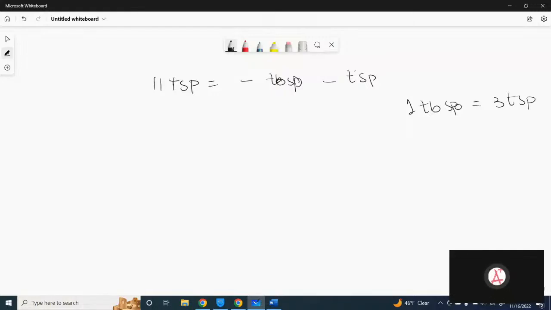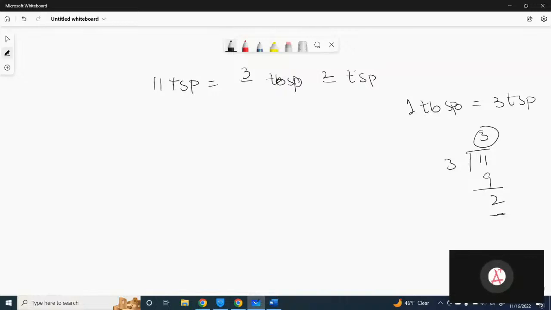So divide the 11 by 3. 3 times 3 is 9. 11 subtract 9 is 2. That means you have 3 tablespoons and 2 teaspoons. These are the tablespoons and these are the teaspoons. Got it? So it would be 3 tablespoons and 2 teaspoons.